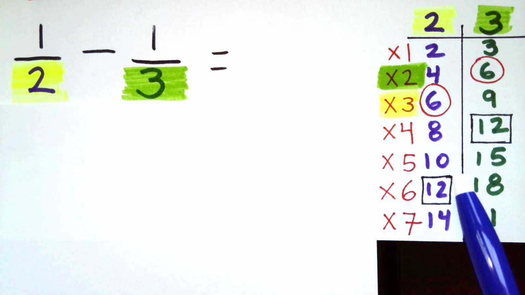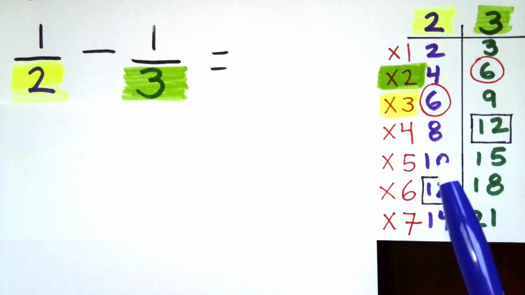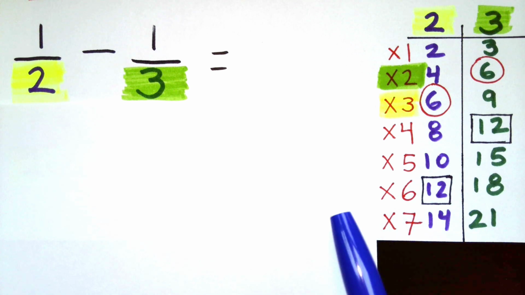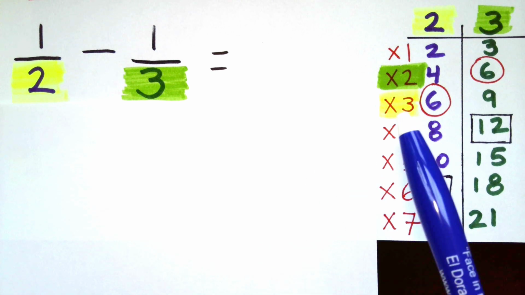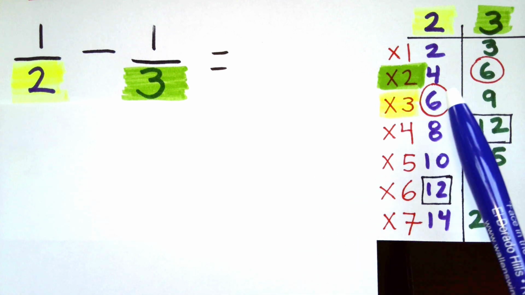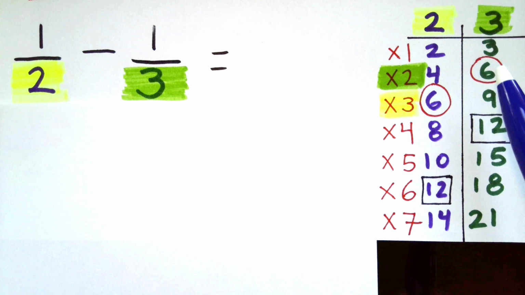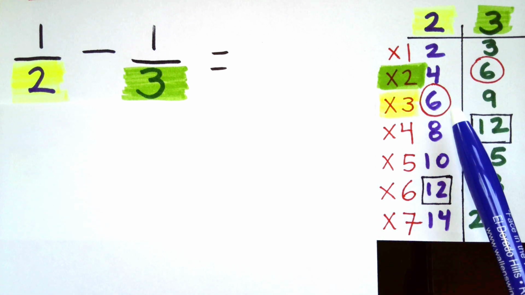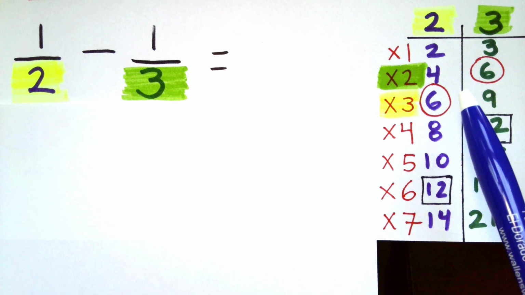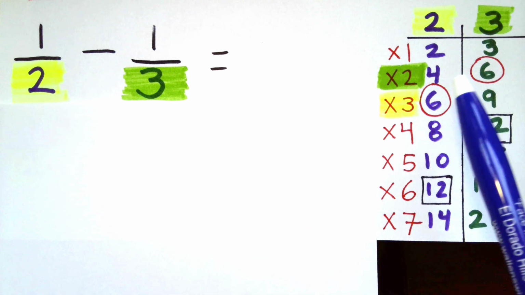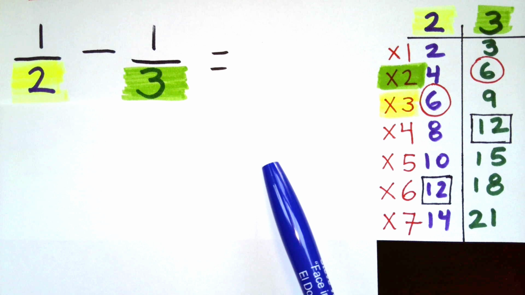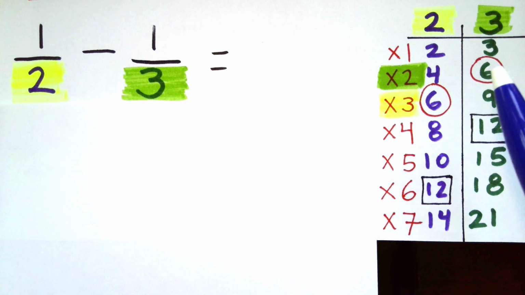You could do that, but you would have to reduce your fraction in the final steps of your final answer. So by choosing the smallest of the common products that both 2 and 3 share, most likely, not always, there's always an exception to the rule, you will not have to reduce your fraction. So I'm going to choose 6.